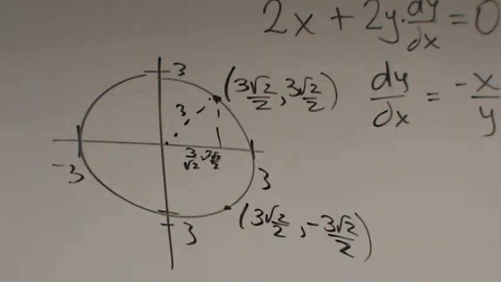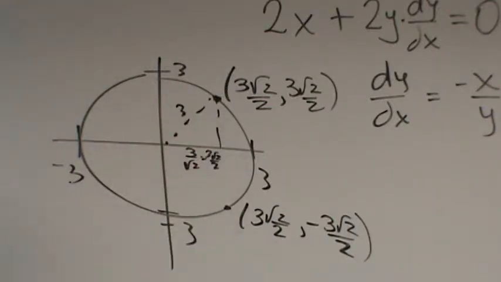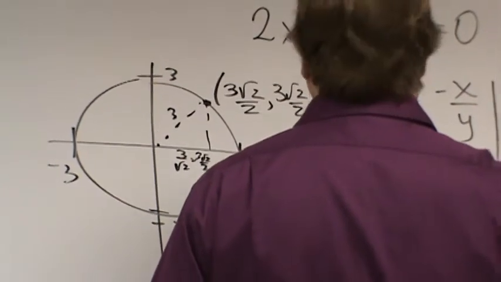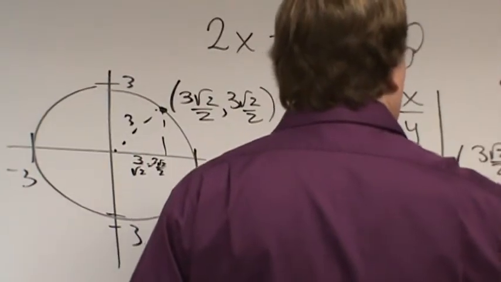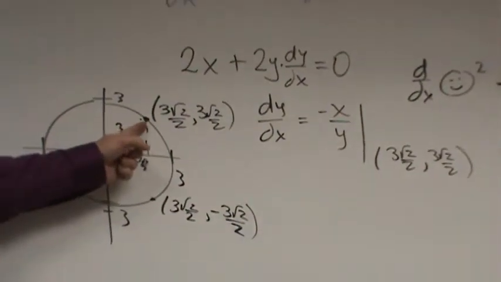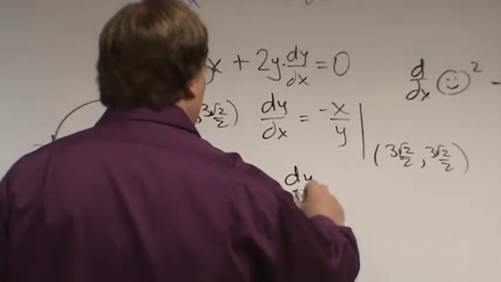So if someone says they want the slope of the tangent, they're going to have to tell you the x and the y, okay? So for example, if we wanted dy/dx evaluated at (3 rad 2 over 2, 3 rad 2 over 2), that is, I want the slope of the tangent right there, then I can plug in.